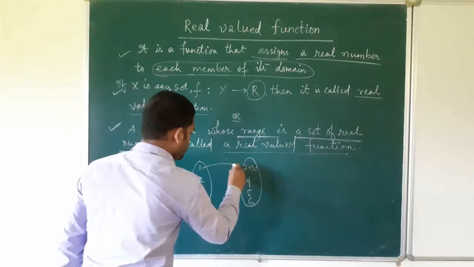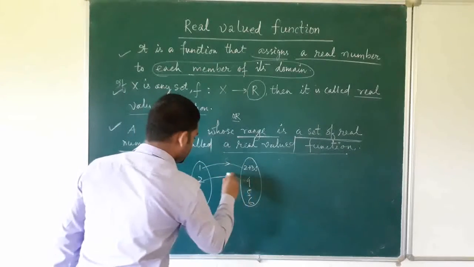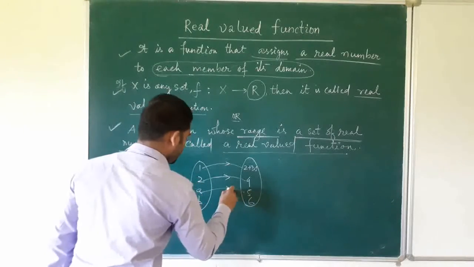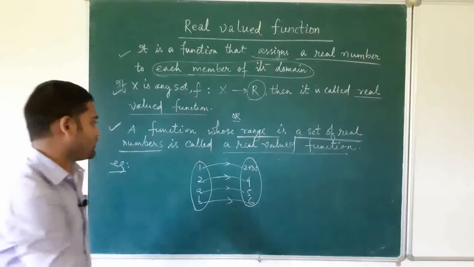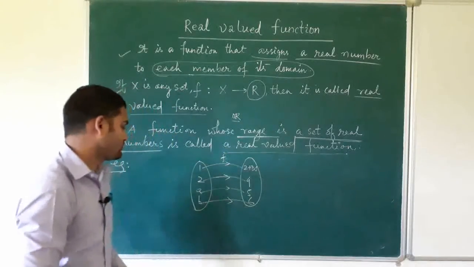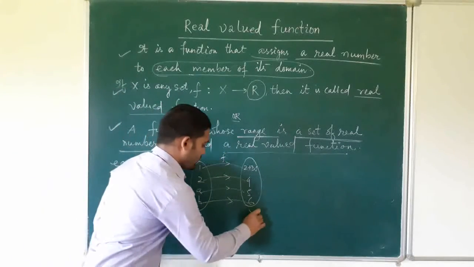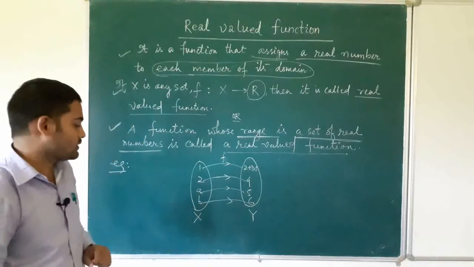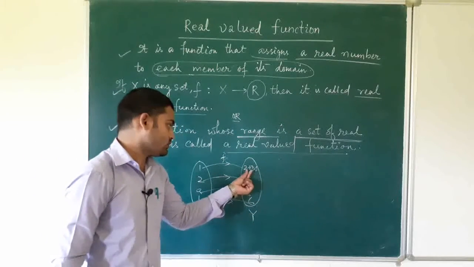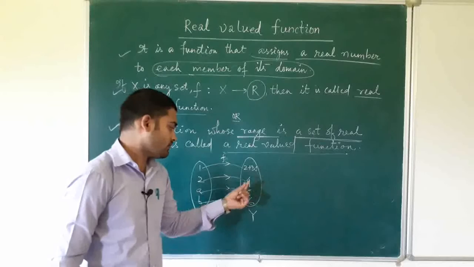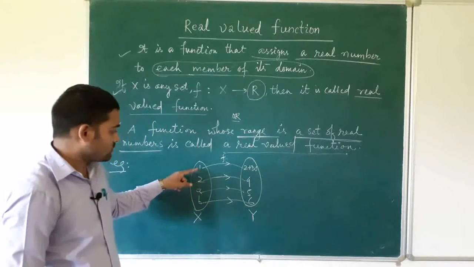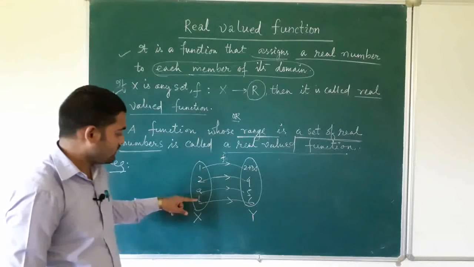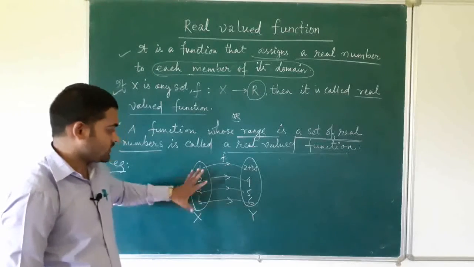This is related to this, this is related to this, and so on. Function f from X to Y, two sets. Set Y contains 2 plus 3i, 4, 5, 6, and set X contains 1, 2, a, b.